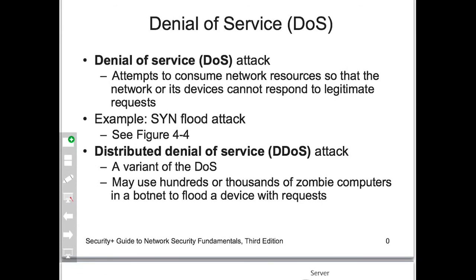Then distributed denial of service, DDoS, is a variant of DoS, but it actually attacks thousands or hundreds of thousands of computers called zombies. Zombie computers are called botnets, where basically you can attack. There's actually been countries hit by these, countries hit that are on the same internet network with botnets, and actually taken over the entire country for a period of time.